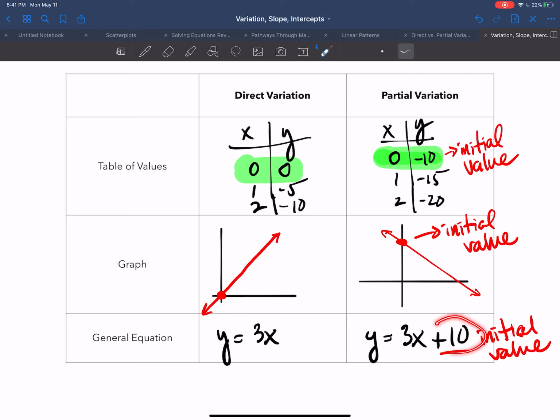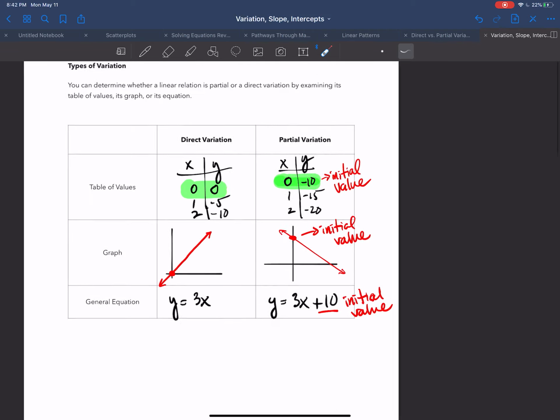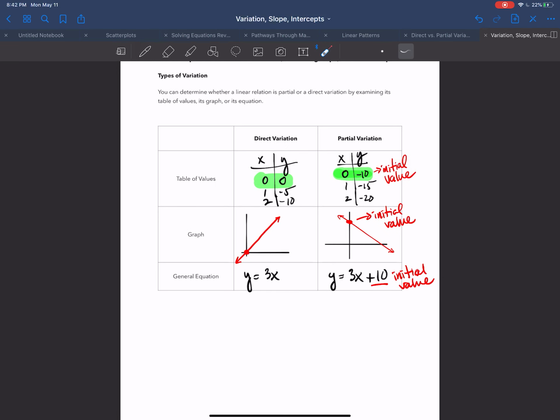For an equation, if I'm adding or subtracting anything, then it has an initial value, so it would be partial variation. If none of those things exist, it goes through 0, 0, or I'm not adding or subtracting anything in the equation, then it's direct variation. So that's a summary of direct and partial variation, with 3 different ways to recognize it.